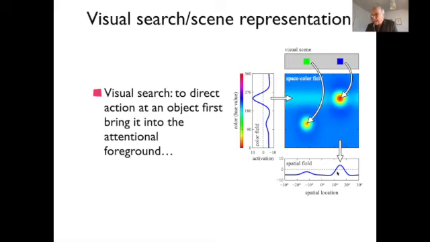And if you think about cognition and action, it's actually even more important. You could say that every action that you do as a human being is preceded by a visual search. And that's true in the sense that every action, and maybe almost every action, is oriented to objects in the world.